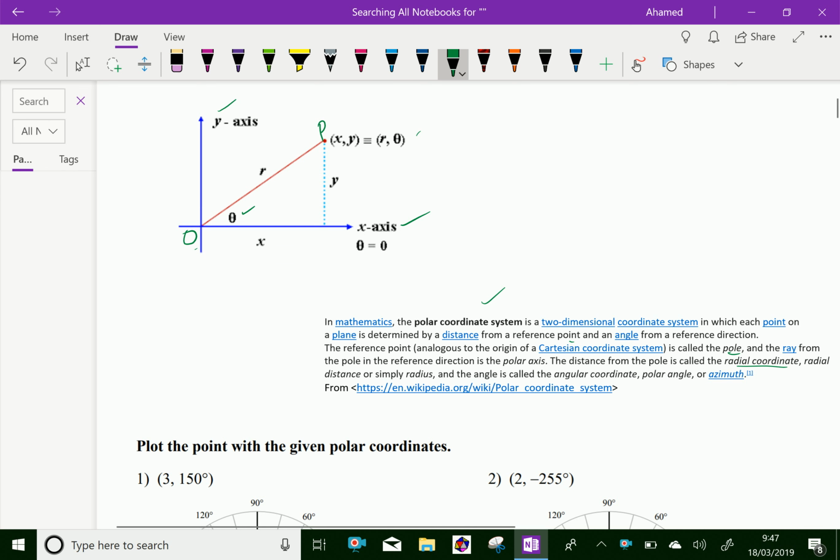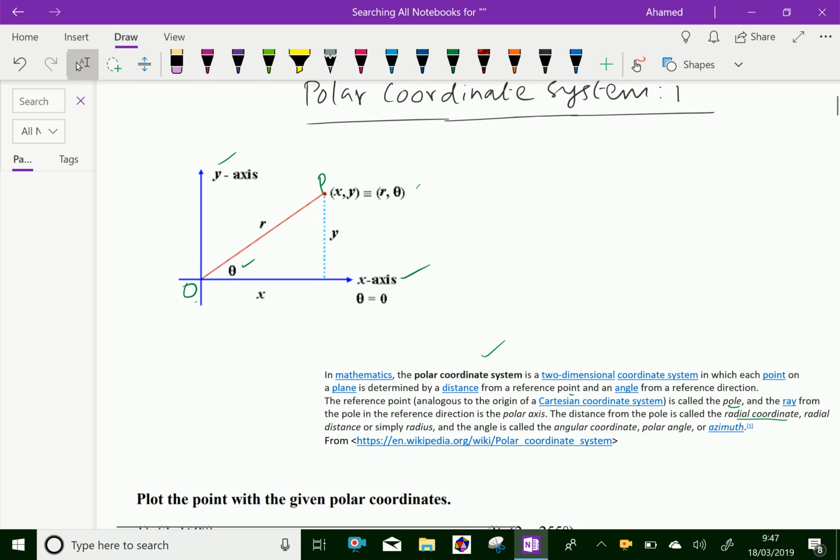Now let us discuss further. Now in triangle OPN, cos theta equals ON over OP. ON is x, OP is r.